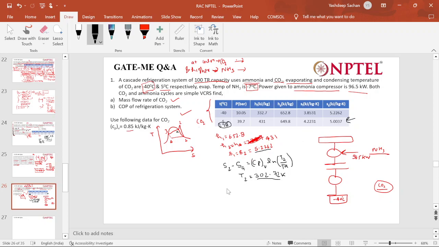So can you let me know? H2 minus Ha would be Cp of V into T2 minus Ta, right? So everything you know, what would be the value of H2 from here?